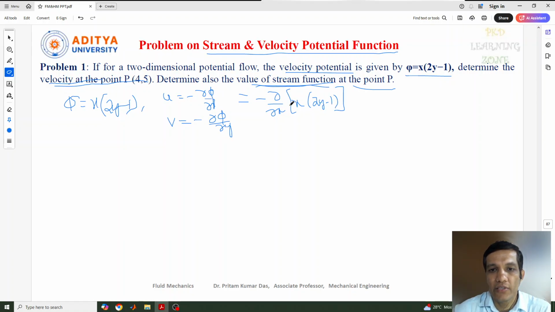Taking the derivative of this, we'll get a minus term, del x by del x is 1. The 2y minus 1 is a constant term, we can take it out. So minus term, you take it inside, we get 1 minus 2y.